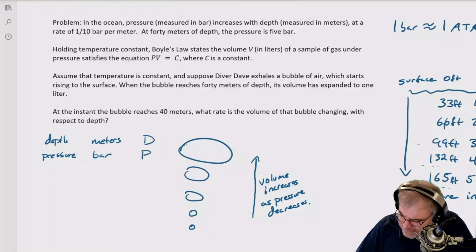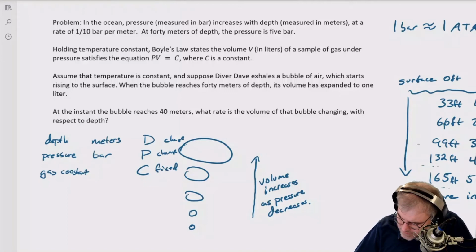I'm going to call pressure P. I've got a gas constant, don't care. This changes, this is fixed. And I've got volume, that's going to be in liters. We'll call it V, and that changes.